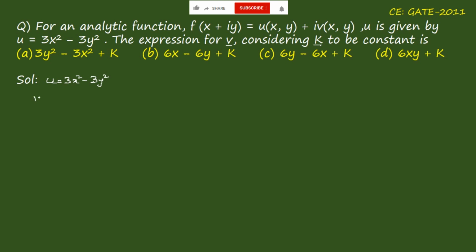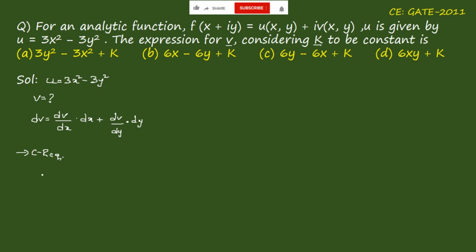Now we have to find the v value. As we know, dv is equal to dv by dx into dx plus dv by dy into dy, by using the Cauchy-Riemann equations.